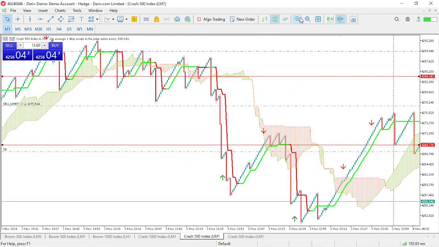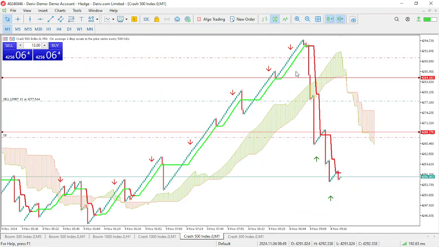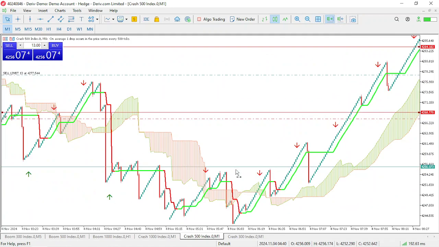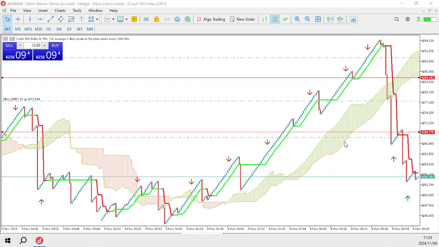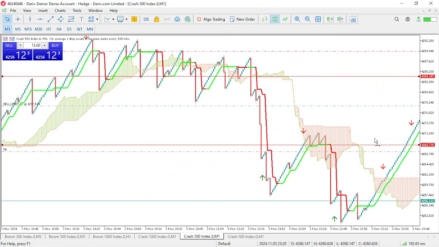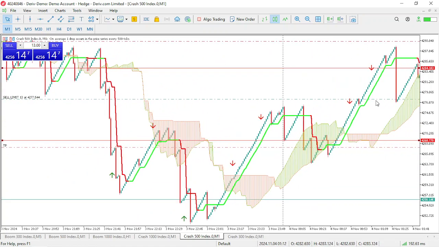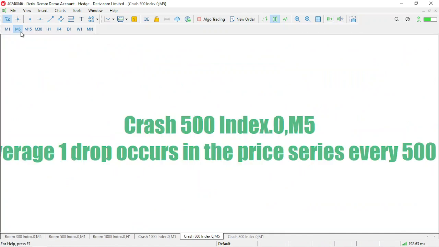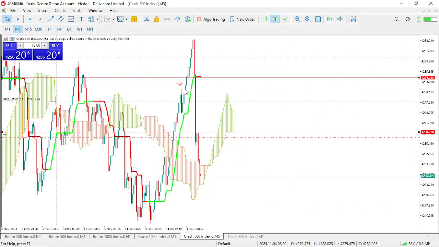So for example, what that would mean is that it took a total of, let's just go back, trying to count the candlesticks. So it's 1, 2, 3. Let's go to the 5 minute actually. 5, 10, 15, 20, 25, 30, 35, 40 minutes. So it took a total of 40 minutes to put you in a drawdown of $160 on a 13 lot size.